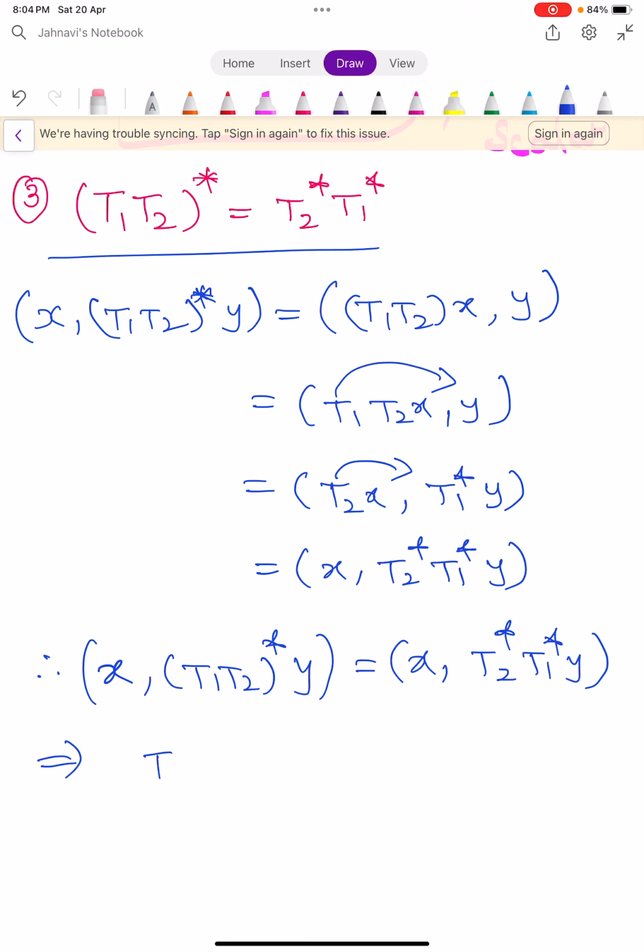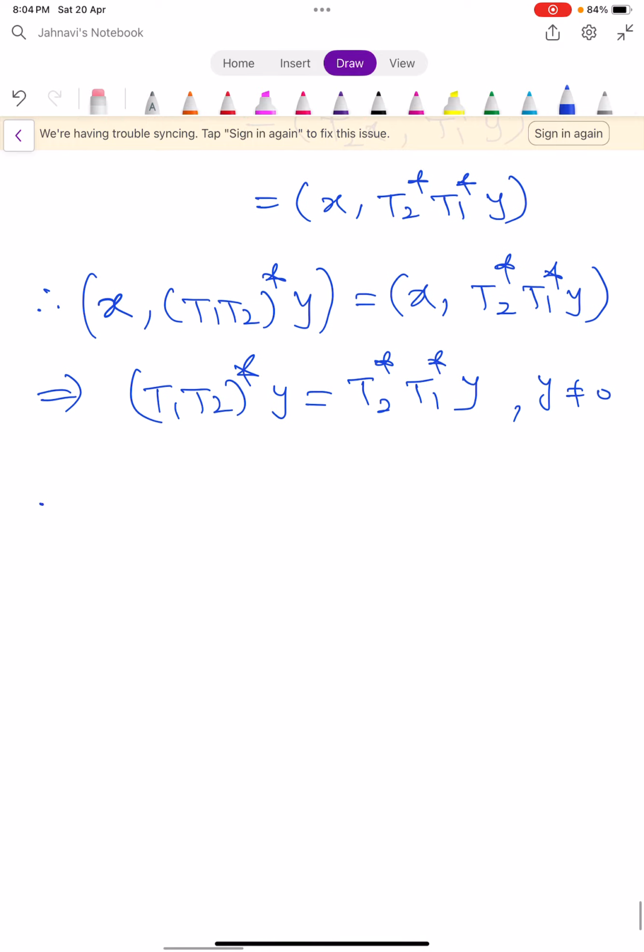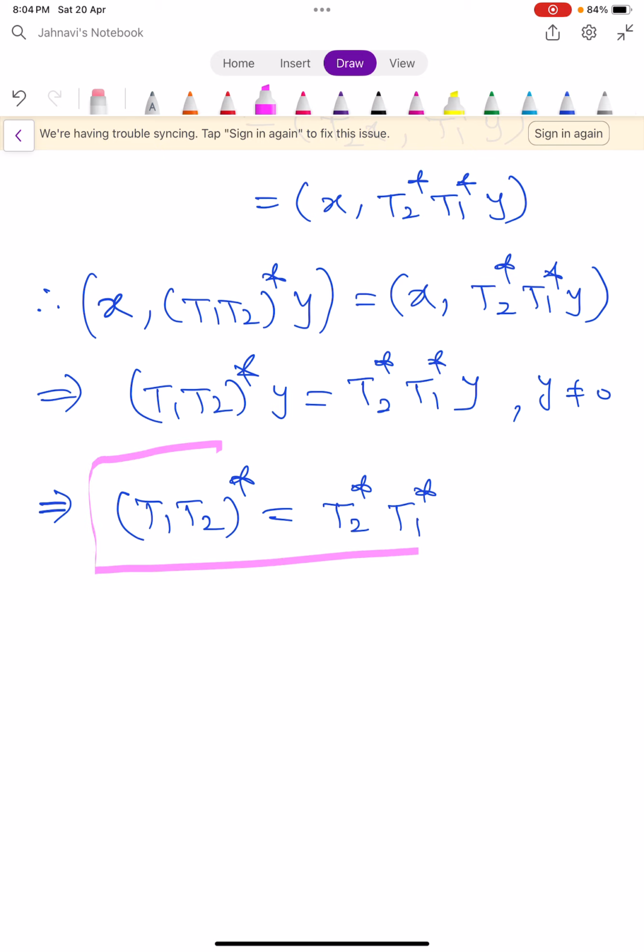Again this can be written as (T1 T2) whole star into y is equal to T2 star into T1 star into y, and y is not equal to 0. You simply conclude that (T1 T2) whole star is equal to T2 star into T1 star. So this is the required third property.